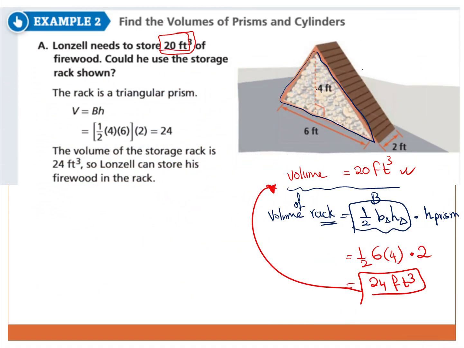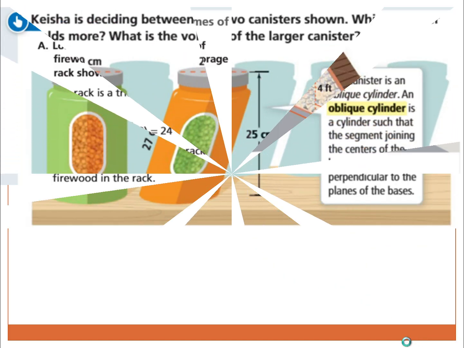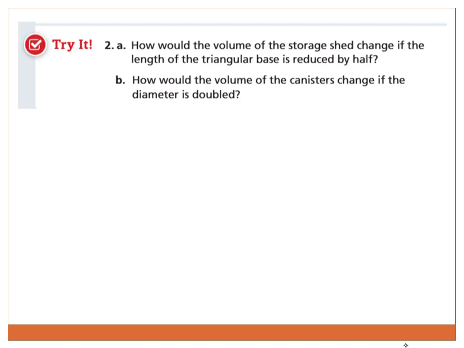Let's move on, and we will have another case. He asks how the volume of the storage shed would change if the length of the triangular base is reduced by half.